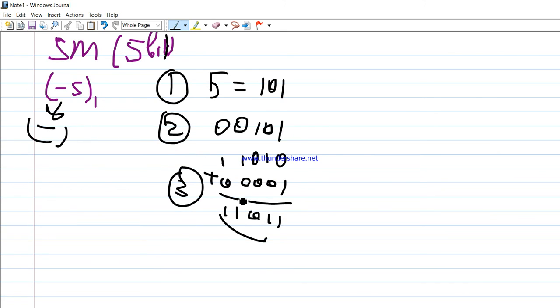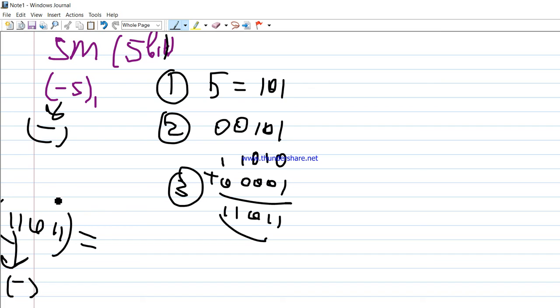Let's try the backwards conversion. So we have 1, 1, 0, 1, 1, and we want to convert it to decimal. Well, the thing to keep in mind is that this 1 is the minus sign. So whatever we get at the end should have a minus sign.